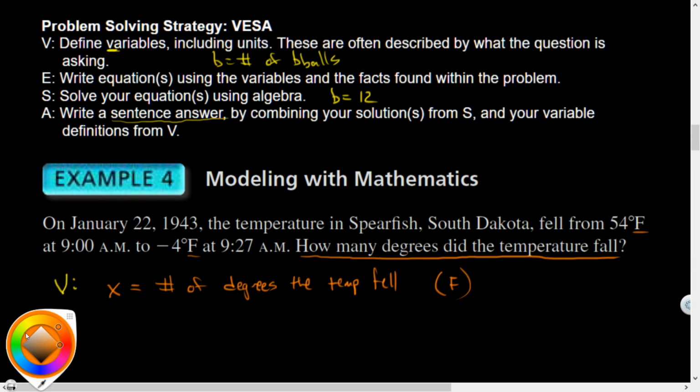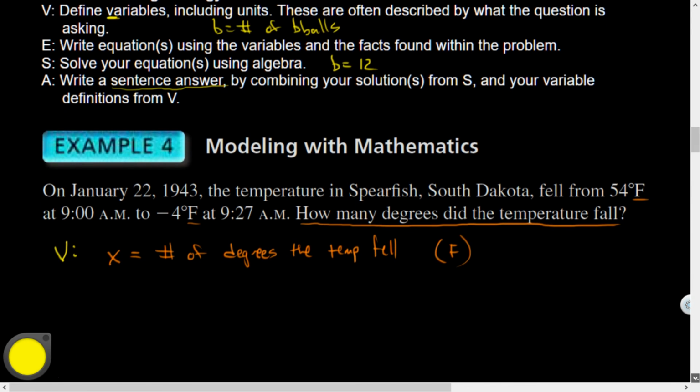All right, so I define my variables. And now I'm going to write an equation using that variable. Let's see, it fell from 54 to negative 4. So my equation is, when I had 54, and then my temperature falling is going to be, well, if it fell by that, it's negative.